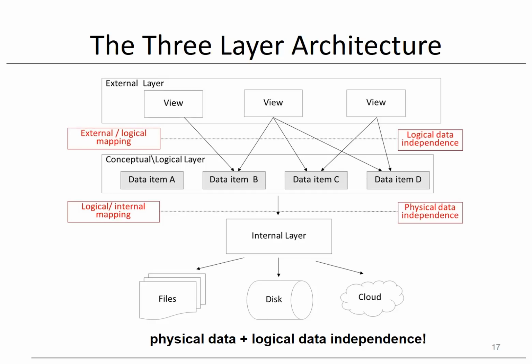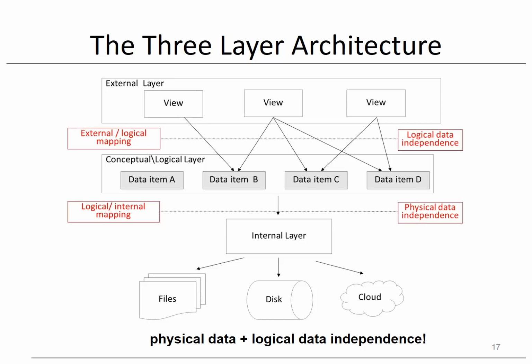Finally, the internal layer includes the internal data model that specifies how the data are stored or organized physically. Ideally, changes in one layer should have no to minimal impact on the others. It should be possible to physically reorganize the data with minimal impact on the conceptual, logical, or external layer: physical data independence.